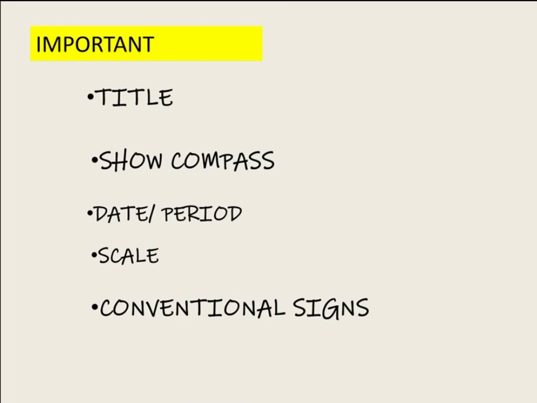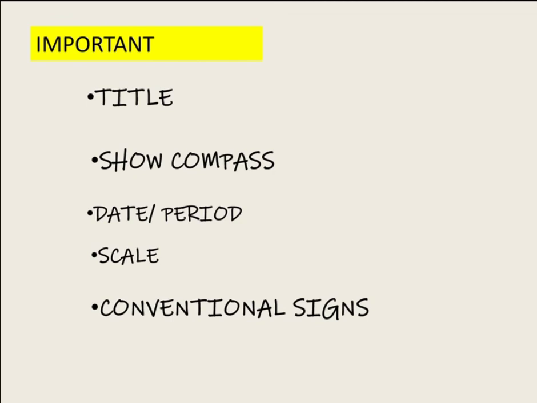You have to mention the date and period, meaning on which date you draw the map, where, and how much time you took to do it. And scale matters very much, because without scale we cannot make the proper exact mapping in the paper. Choosing the proper ratio of scaling is very important.